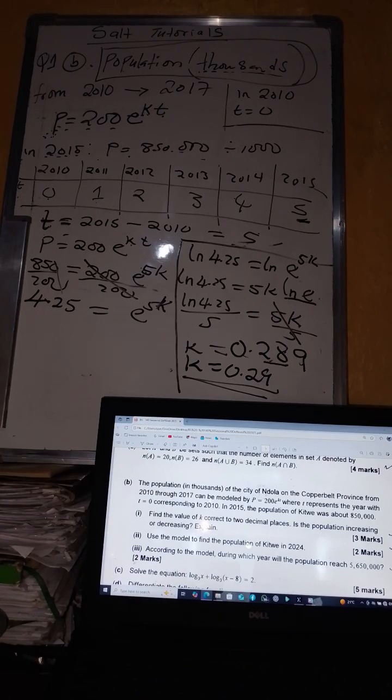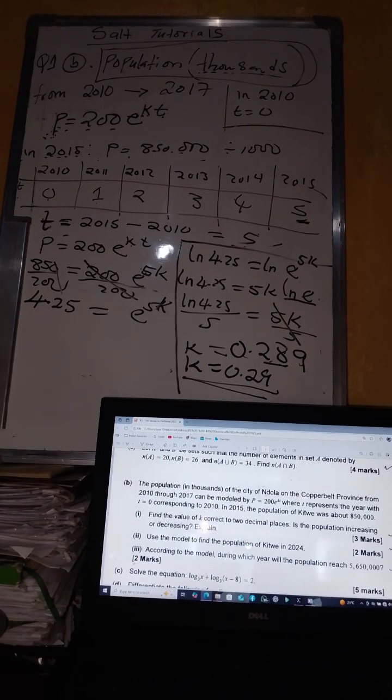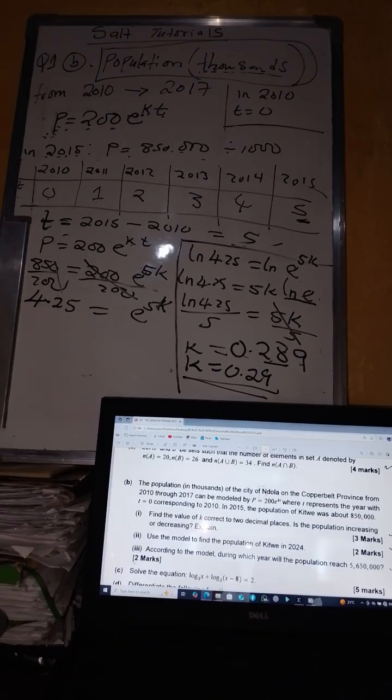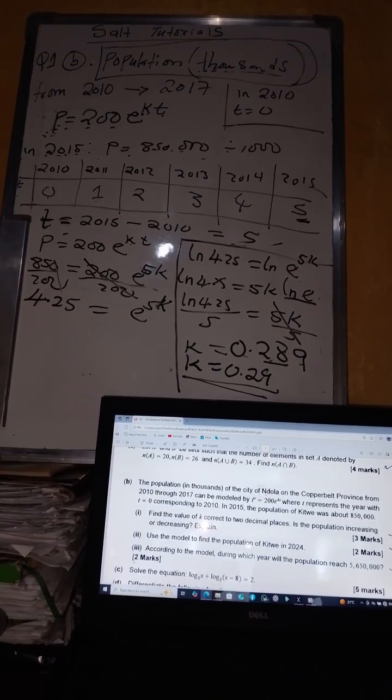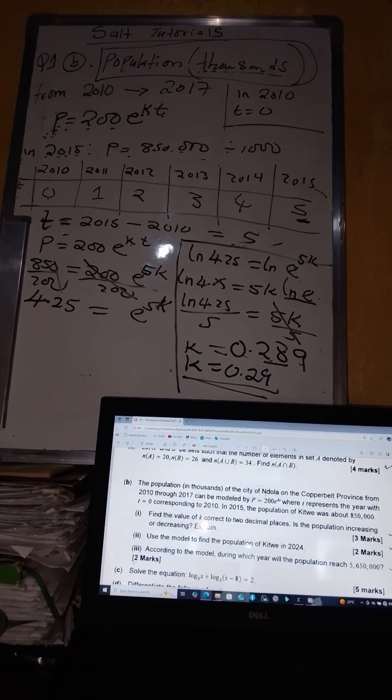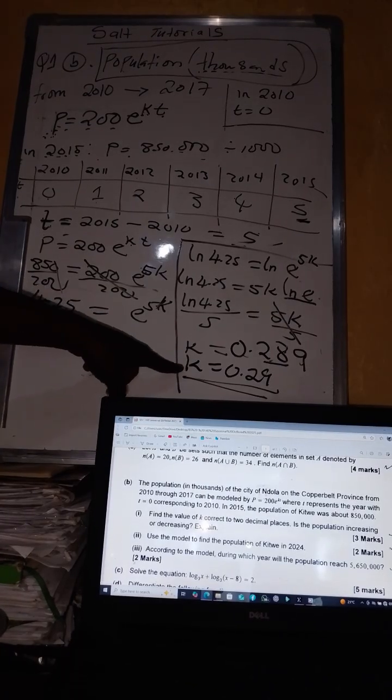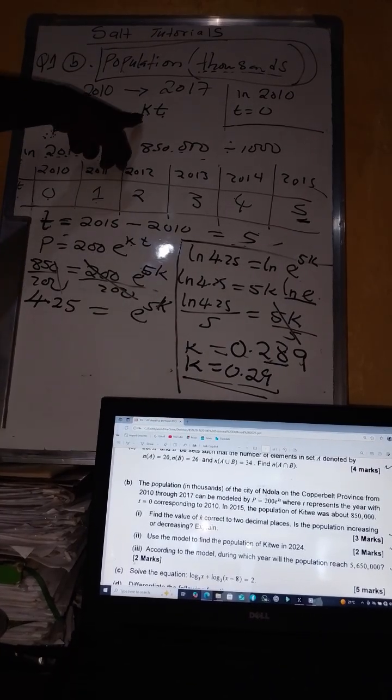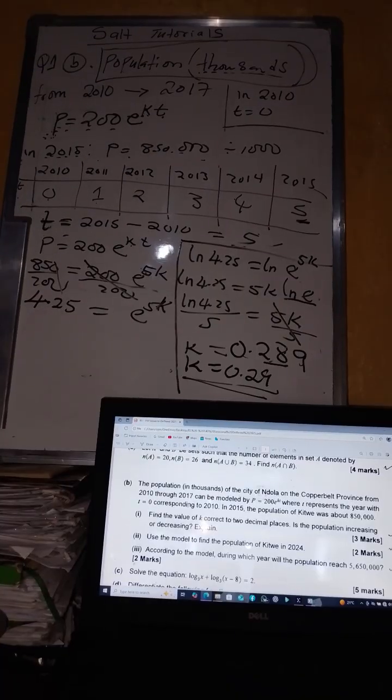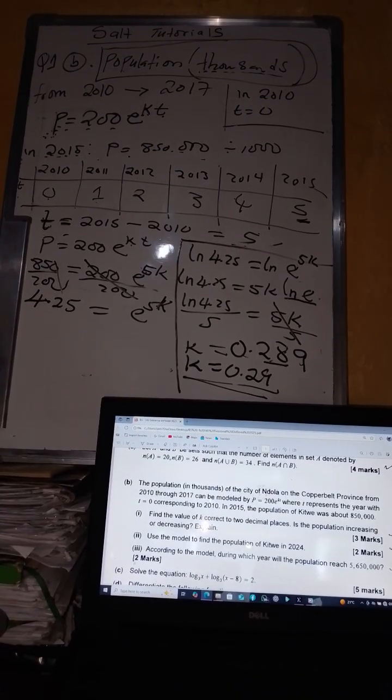It is through the value of K that you can tell whether the population will be increasing or decreasing. As time goes by, the population will be increasing because the value of K is positive. So in the model here, K is positive. If K is positive, then the population will be increasing.